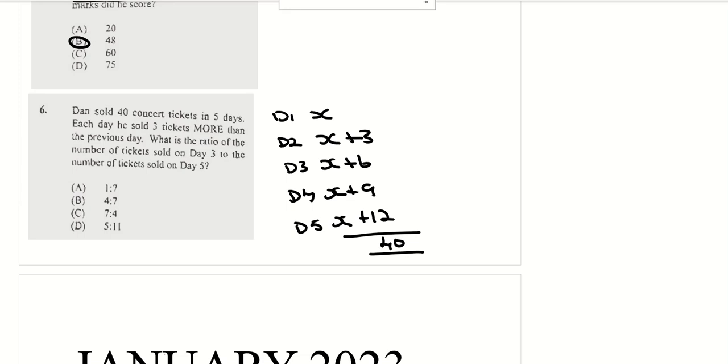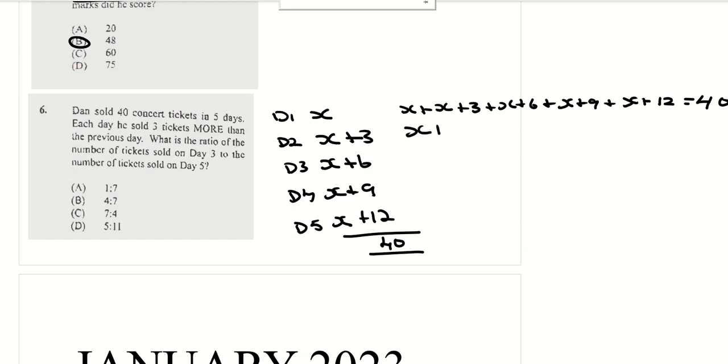Now the next thing is we have to find the sum if you were to add all of this. So if I were to add X plus 3 plus X plus 6 plus X plus 9 plus X plus 12, this is supposed to give you 40. I want to know what X is, because my X is unknown.